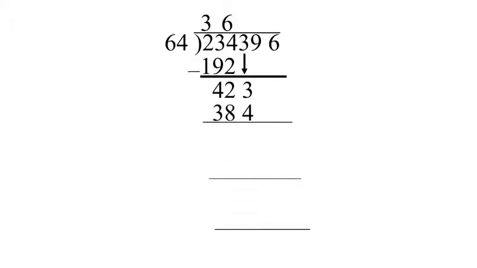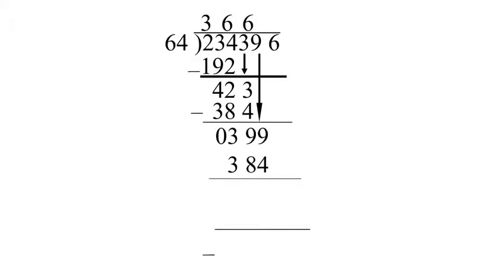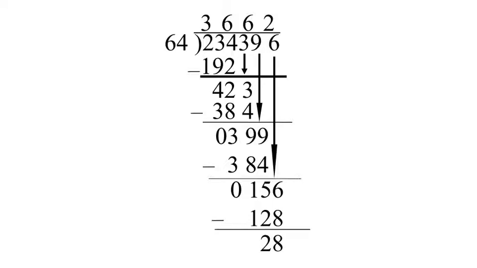Similarly, you can practice another question now. So this is the solution of this question, and you can see that we have simply repeated the same steps and got our answer.